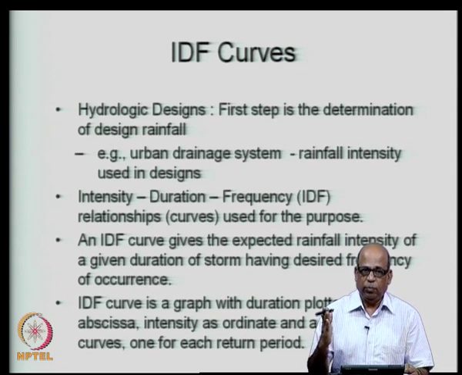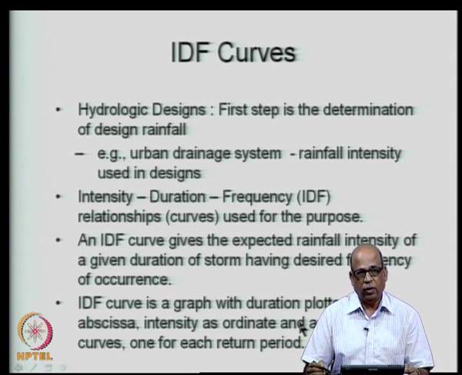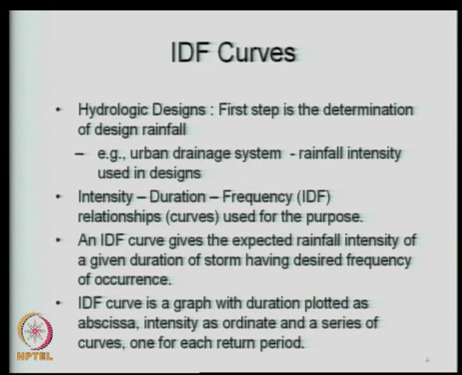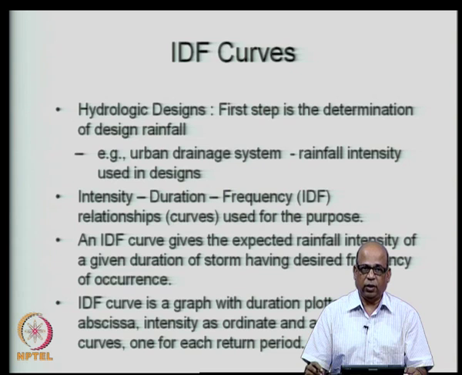And typically, we put the IDF relationships as IDF curves with duration as the abscissa and intensity as the ordinate, and we will have as many curves as you have return periods. For example, we may have one curve corresponding to 2-year return period, 5-year return period, 10-year return period, 100 years and so on. So, this is how IDF curves are presented.